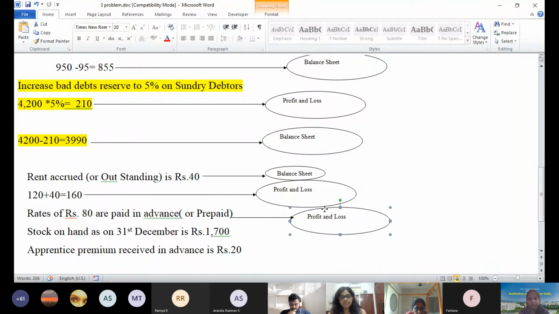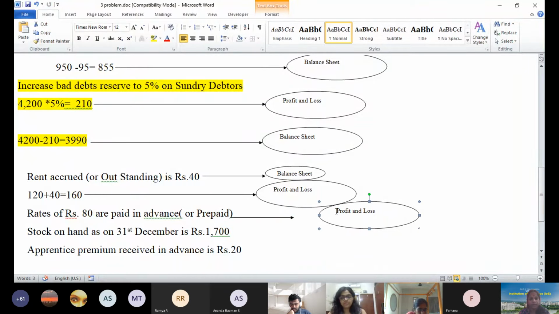Yeah, so prepaid, what I have to do is, this 80 rupees will go into your balance sheet. Prepaid is always balance sheet. Outstanding is balance sheet liability.